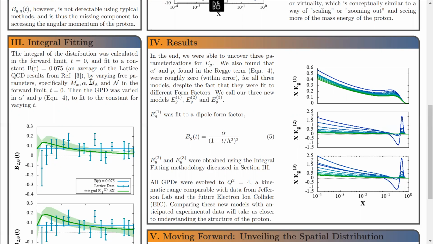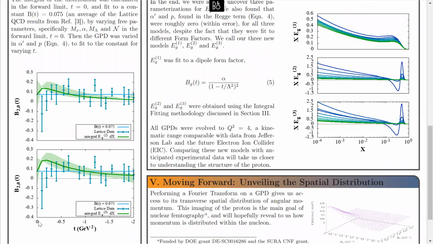After the integral was fit to the form factor, we were able to vary t and fit at various values of t, especially going from 0 to -2.